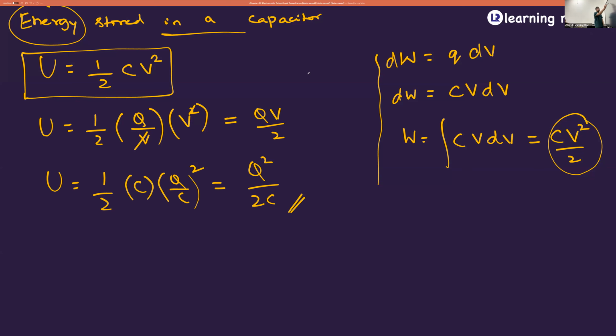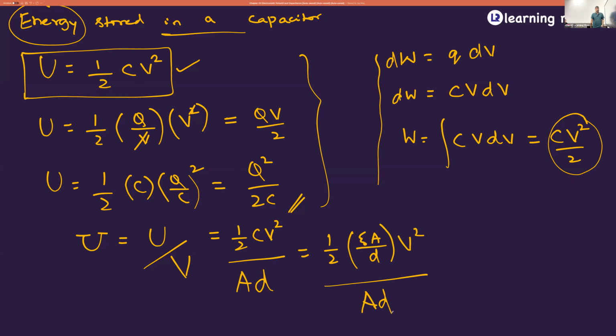It is the area of cross section multiplied with the distance of separation. So this will be equal to half into, what is the value of C? It is epsilon naught A divided by D, and this is V square, the whole divided by A into D.